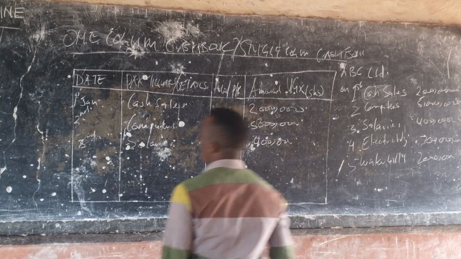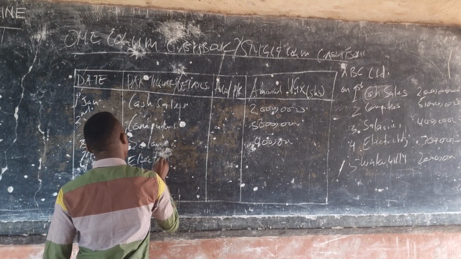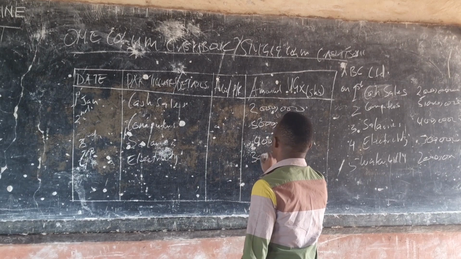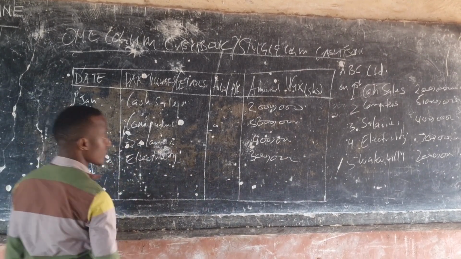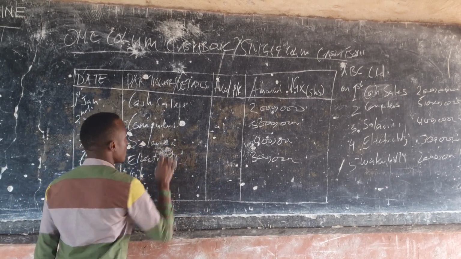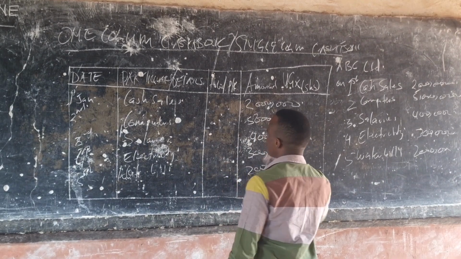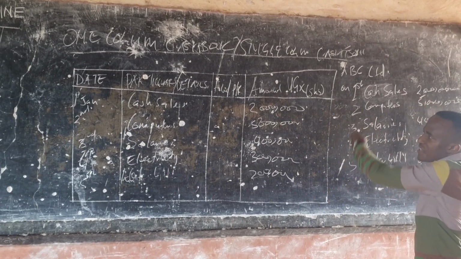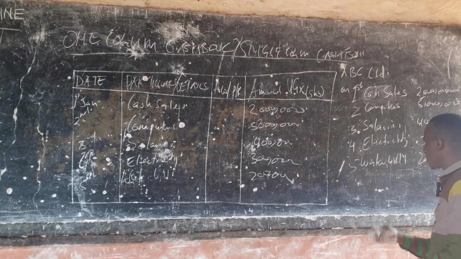And then on fourth, this business paid electricity, and electricity totaled up to 300,000. Then on fifth, paid water bills worth 200,000. And that is how we enter this transaction in a single column cash book.